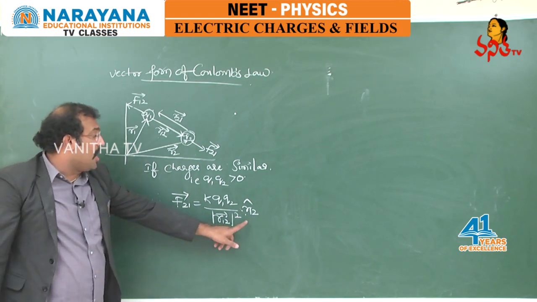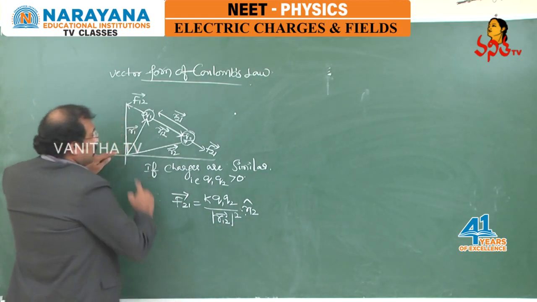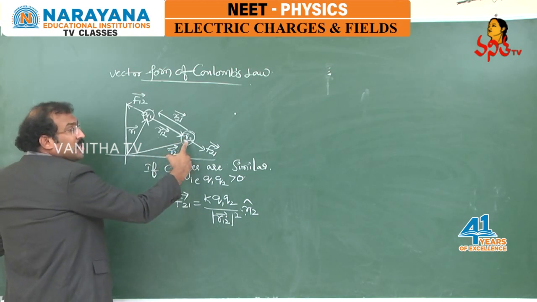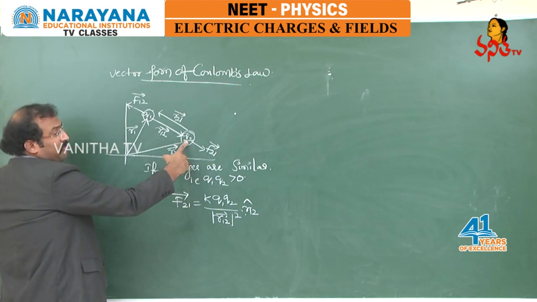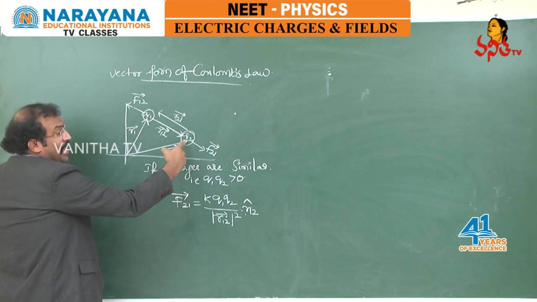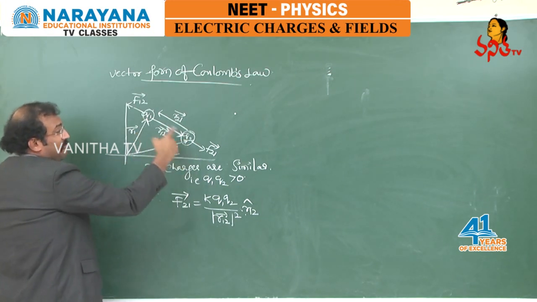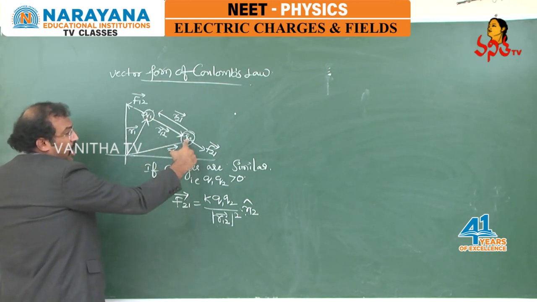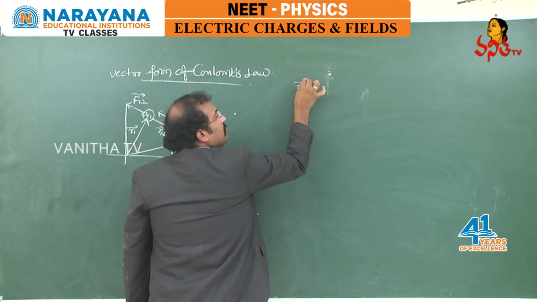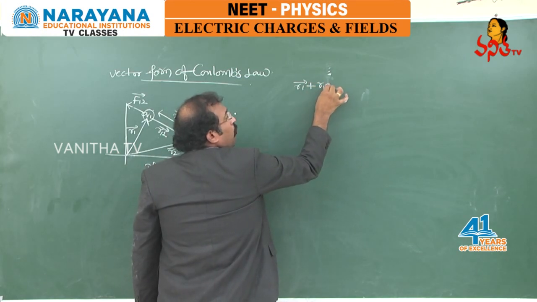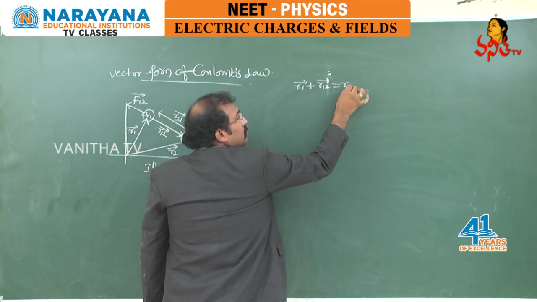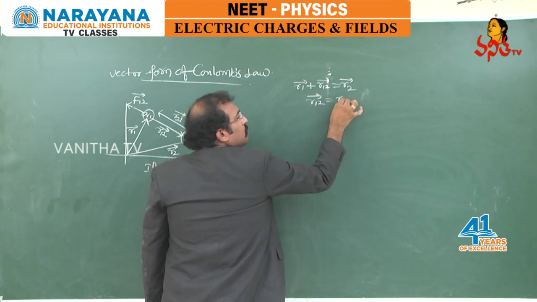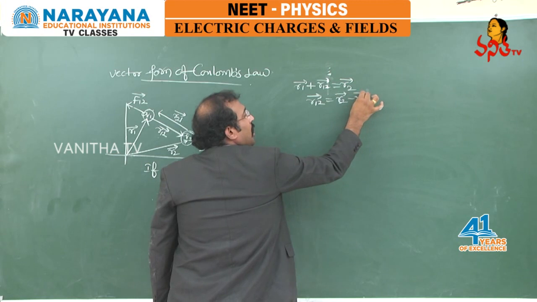How to write this R12 bar? Here, R1 bar plus R12 bar is equal to R2 bar, from the triangle law of vectors. Then I can write R12 bar is equal to R2 bar minus R1 bar.